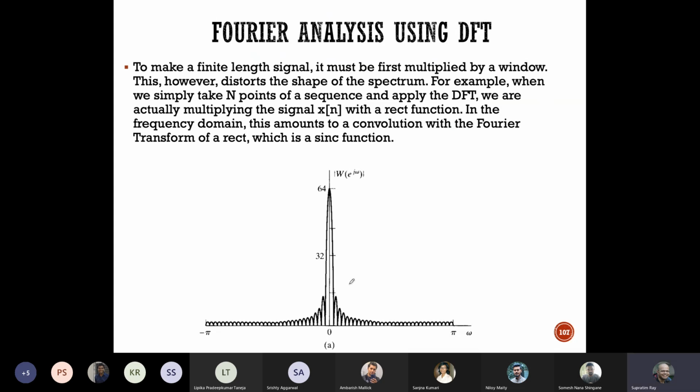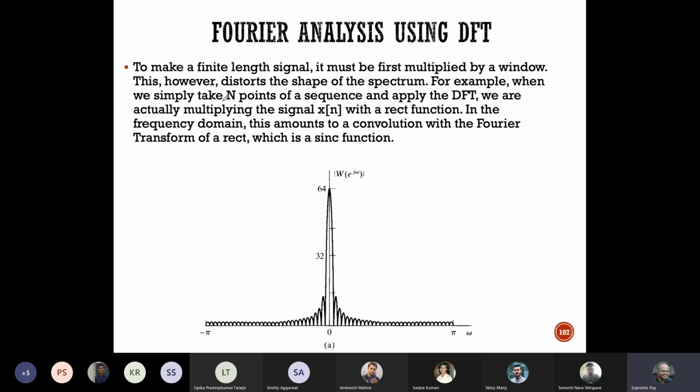This is just the sinc function that we have seen earlier. And you are going to convolve the true Fourier transform with this thing, which is going to distort it. And there's no way around this. You can't escape this.